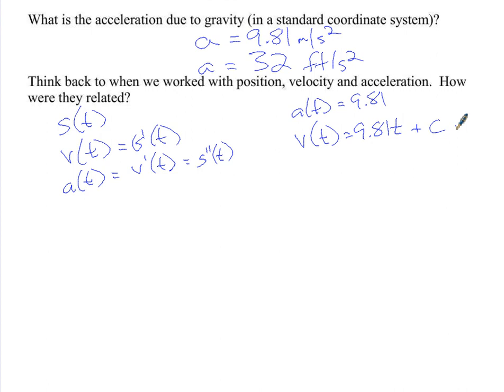What is c? Initial velocity, which in physics we called v naught. That's right. So that c turns into v naught.